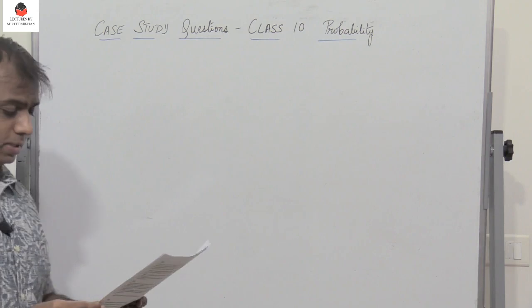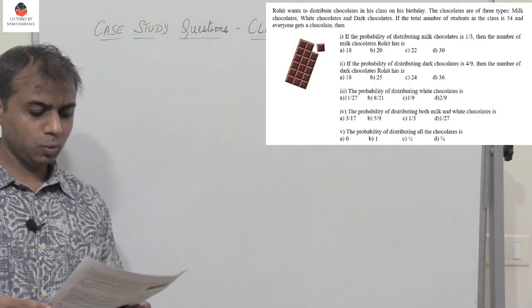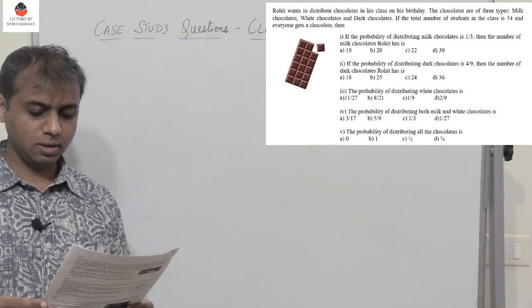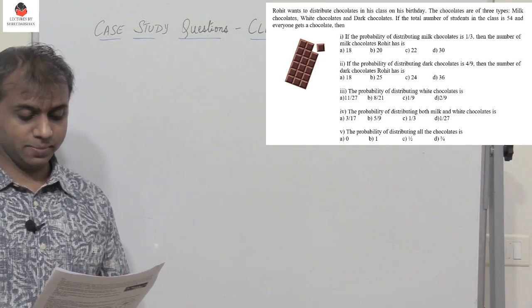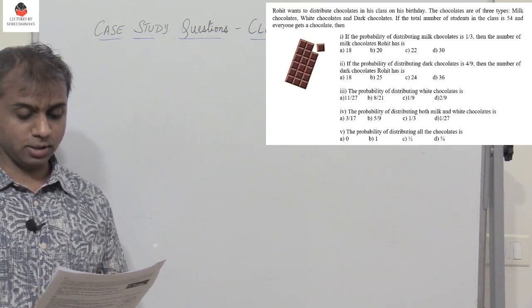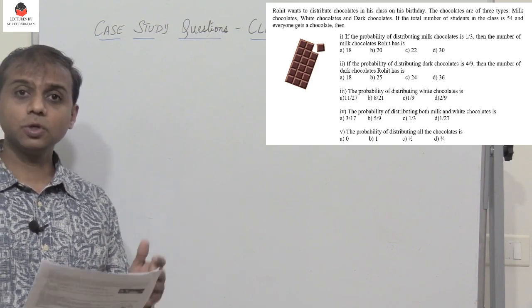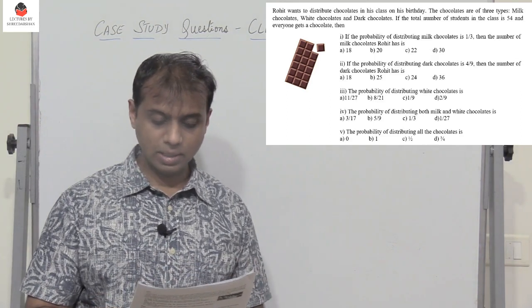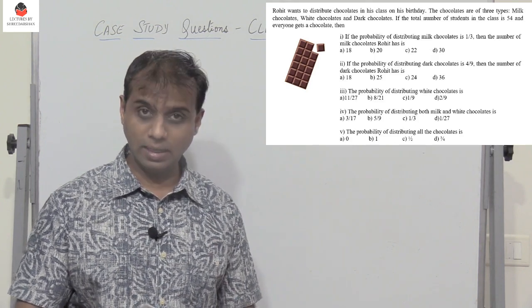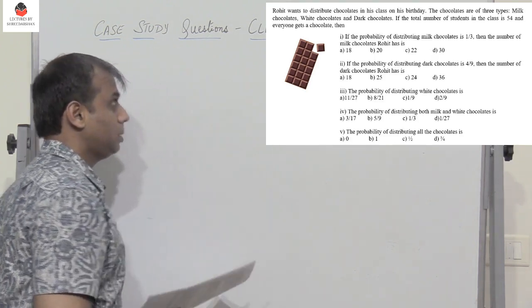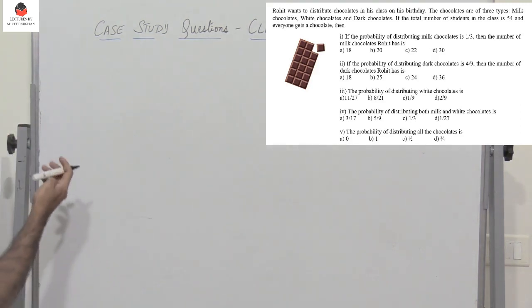Here the question states that Rohit wants to distribute chocolates in his class on his birthday. The chocolates are of three types: milk chocolates, white chocolates, and dark chocolates. If the total number of students in the class is 54 and everyone gets a chocolate, then let us note down the important points given in this question.